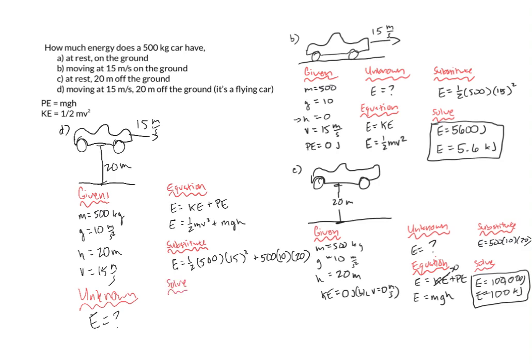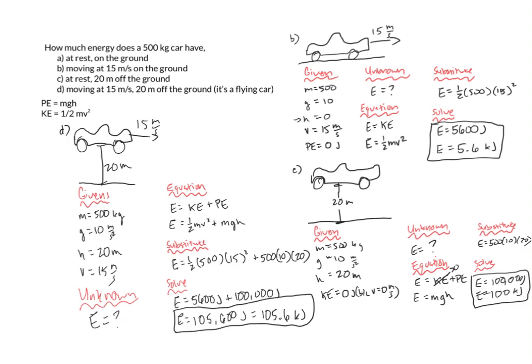So I know from parts B and C that my kinetic energy is 5,600 joules and my potential energy is 100,000 joules. So I can just go ahead and add those together, and I get that my energy is 105,600 joules, or 105.6 kilojoules.